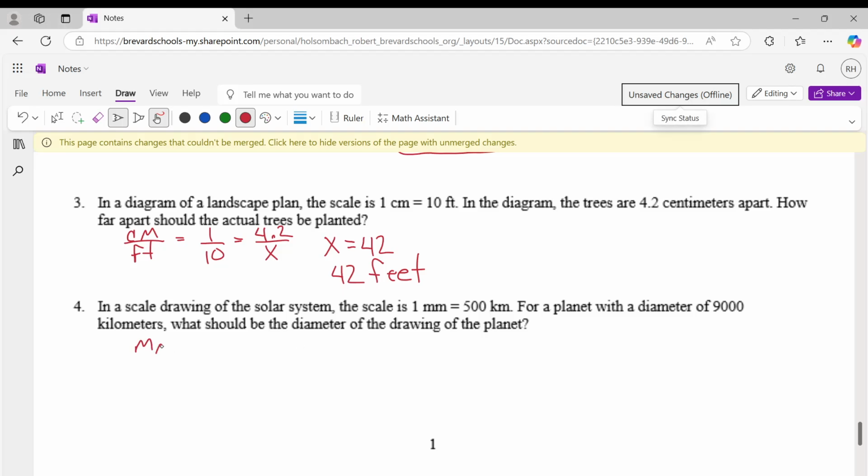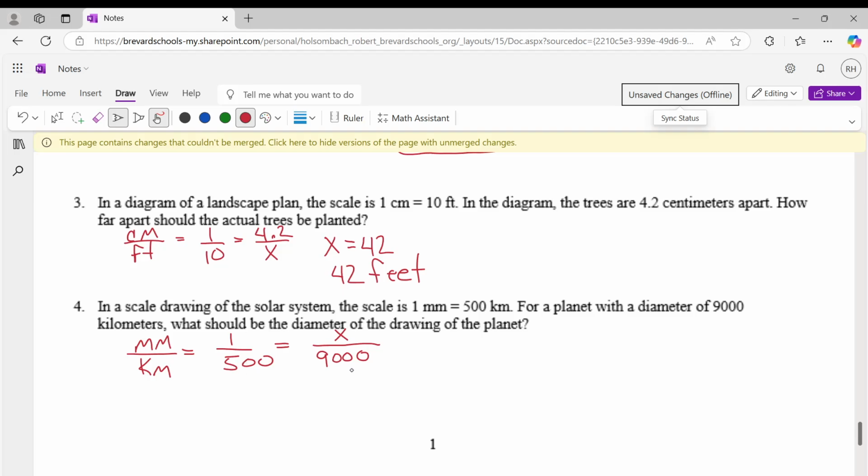So millimeters to kilometers is equal to 1 to 500, which is equal to, for a planet with a diameter of 9,000 kilometers, what should the diameter of the drawing be? So if kilometers is in the denominator, we need to put the 9,000 in the denominator. And then what should the diameter of the drawing be? That's where our variable goes.